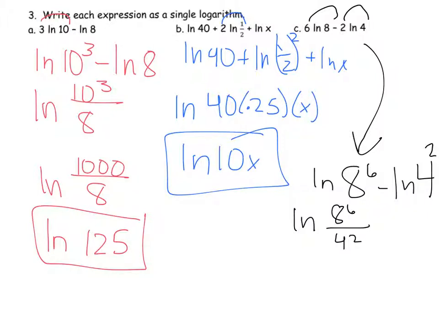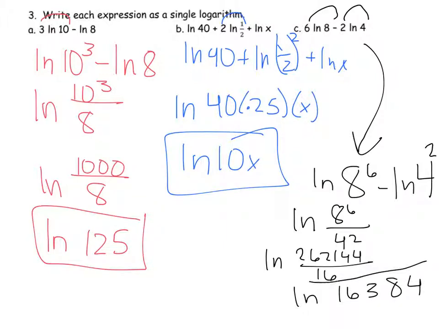And 8 to the power of 6 is going to give us a really big number. We have natural log of 262,144 divided by 16 because that's what 4 squared is. And if we actually divide that, our final answer is going to be the natural log of 16,384.